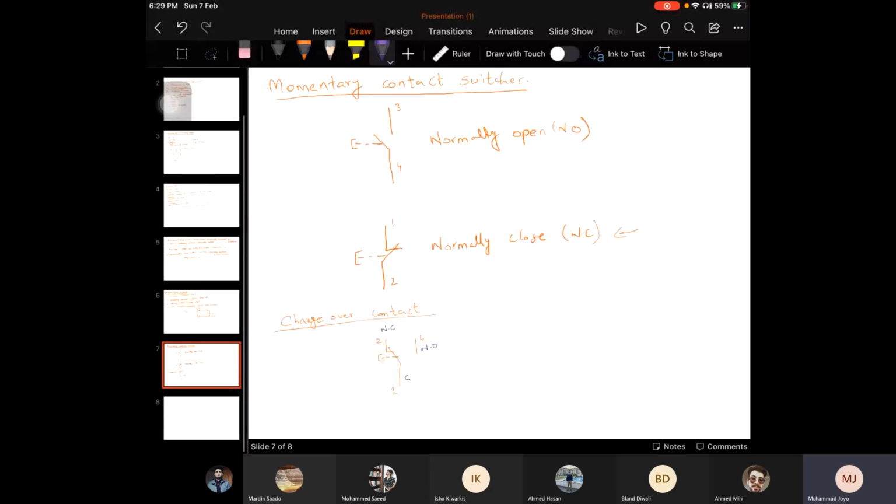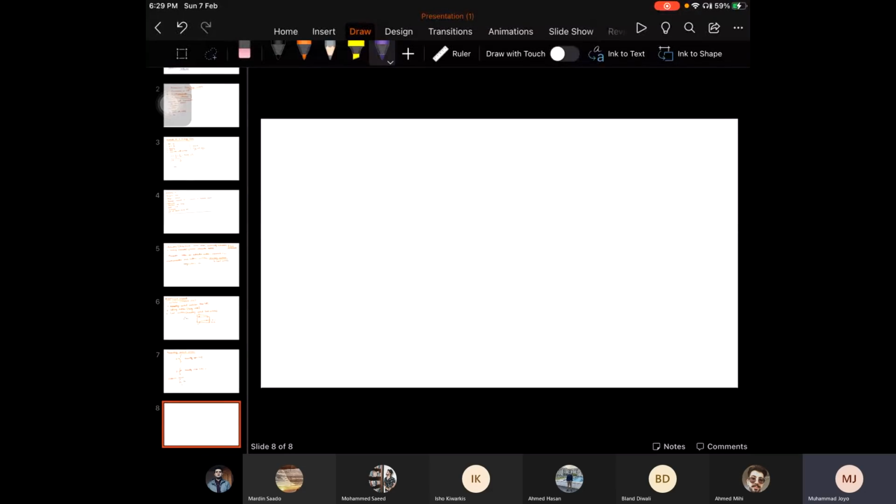Then we have what we call latching switches, right? In contrast to a momentary contact switch, in a latching switch the switch setting is also maintained after release.